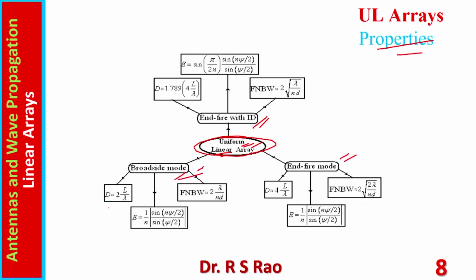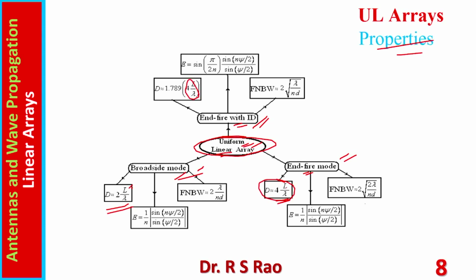Broadside mode: directivity can be found nearly equal to 2 times L by lambda, where L is the length of the array. In case of end fire mode, directivity is 4 times L by lambda. Notice end fire mode gives you more directivity than broadside array. In case of end fire with ID array, directivity is 1.789 times 4L by lambda, where 4L by lambda is the directivity given by ordinary end fire array.